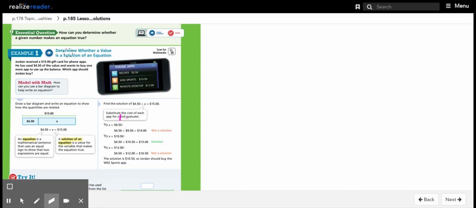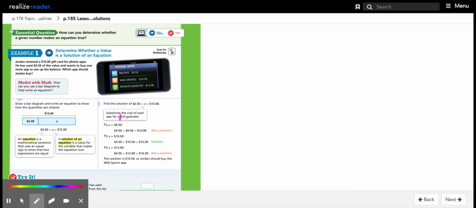He has used $4.50 of the value and wants to buy one more app to use up the balance. So that pretty much means he had $15. He's used $4.50 of it. Well, how much is left on the gift card? Which app could he buy?